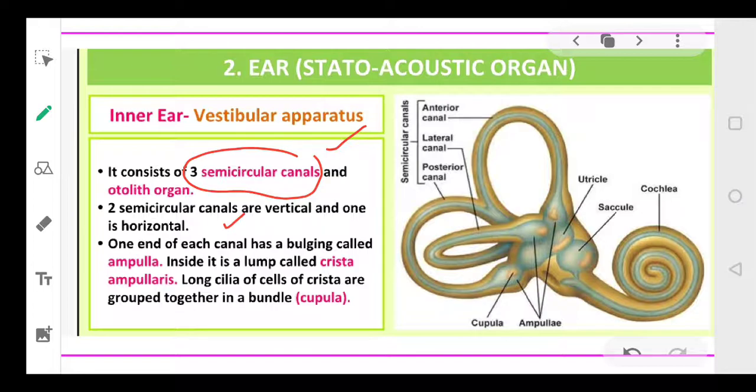If you look carefully, 2 canals are vertical and one is horizontal. So the 3 canals are the anterior canal, lateral canal and the posterior canal. 2 are vertical and 1 is horizontal.